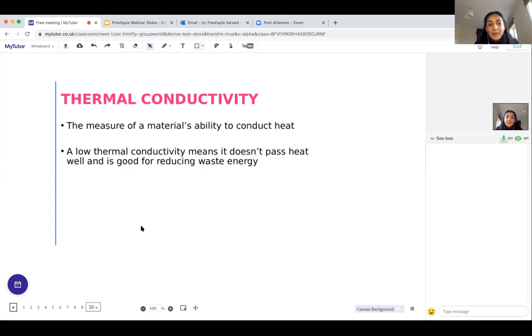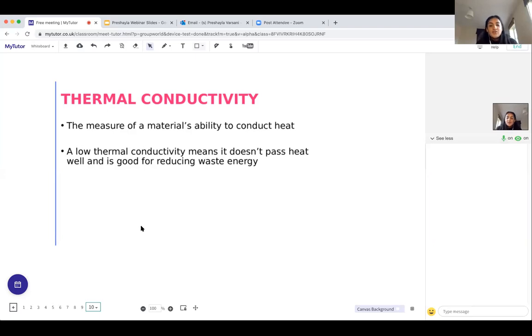If you were there in the webinar yesterday, you'll remember that we were talking about specific heat capacity. Thermal conductivity and specific heat capacity, although different, are very similar. Specific heat capacity is defined as the amount of heat energy needed to raise the temperature of 1 kilogram of a certain material by 1 degree.